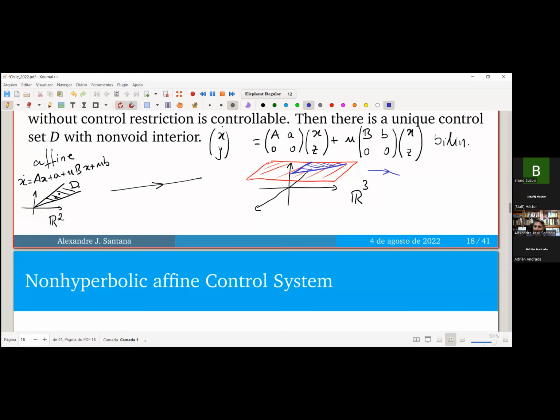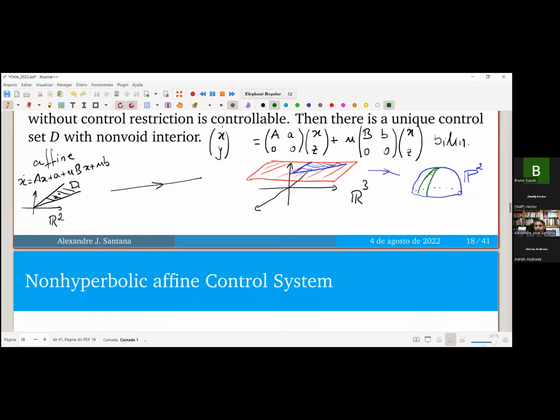We can take the compactification, the projective space, in this case will be the homogeneous space P2, and again we have that this cone here, this control set, will have some kind of copy here when we take this compactification.